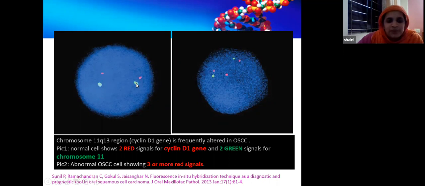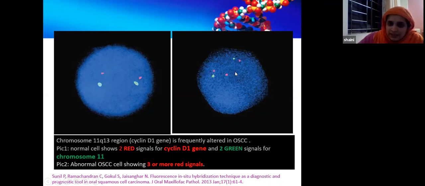It goes and binds to the centromere of the chromosome. So in a normal tissue, you will get 2 red signals suggesting the presence of 2 cyclin D1 genes, and 2 green signals which show that it is chromosome 11.